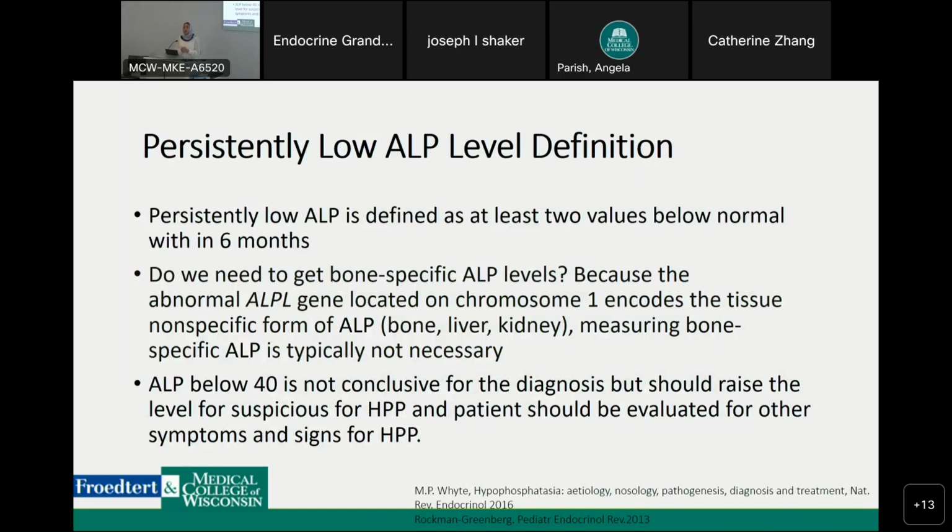And again, alkaline phosphatase below 40 is not conclusive for the diagnosis, but it should raise the suspicion for presence of HPP. That being said, a level below 40 sometimes might not be flagged in the lab value, so we should look for it. We have to be careful even if it's not flagged.